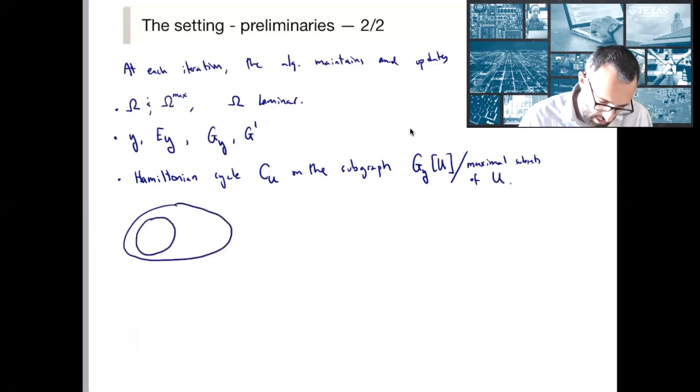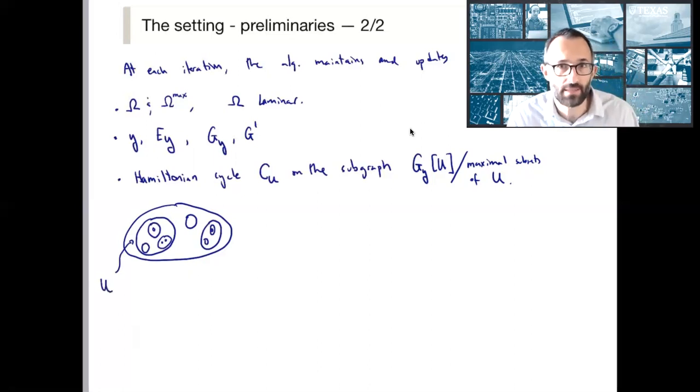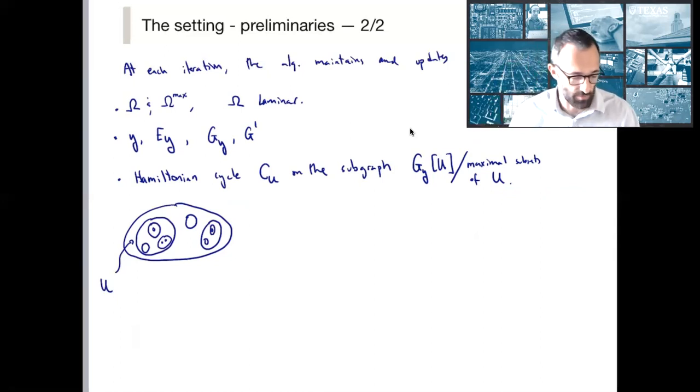So an illustration of this, here is some portion of my laminar family. Maybe there's others as well. So if the particular subset at hand U is this subset, note U is not itself maximal. We're maintaining this Hamiltonian cycle Cu for every such element of omega, every element of our laminar family.